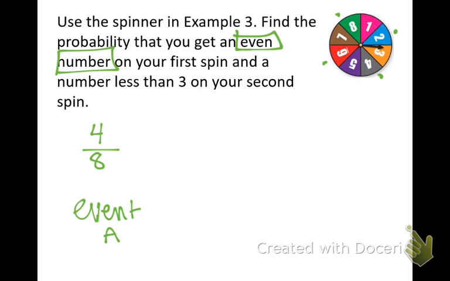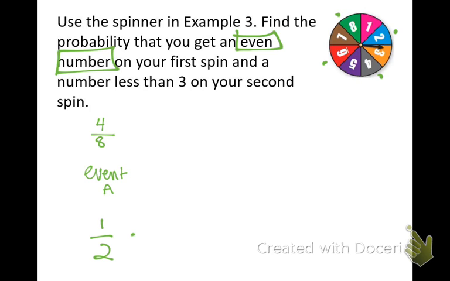You can reduce. I personally am not going to right now, but you can. You'll get the same exact answer. Well, I can. What does 4 over 8 reduce to? 1/2. So I'll drop it under. So technically that's 1/2, because the other one's going to reduce too. What is event B? What do I want to happen next? Less than 3.